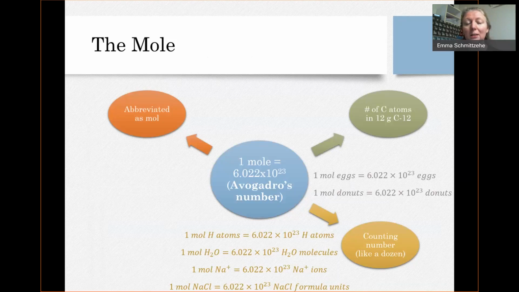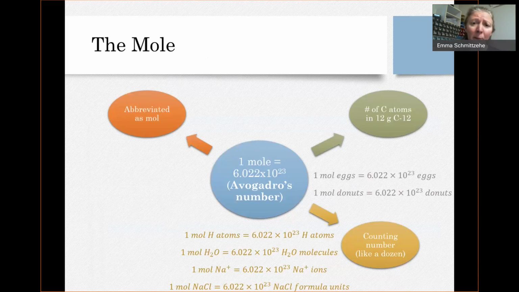Okay, now notice that the unit of that value changes. And so H is an atom, so it's hydrogen atoms or atoms of hydrogen, if you want to say it that way. And then H2O is a molecule, and so it's the number of molecules. Na+ is an ion, so we use the unit ion.